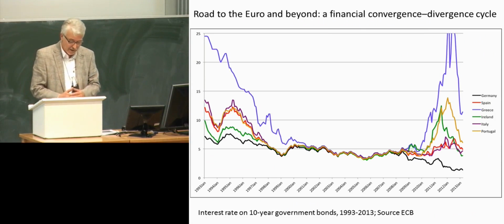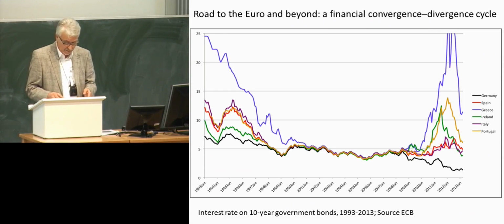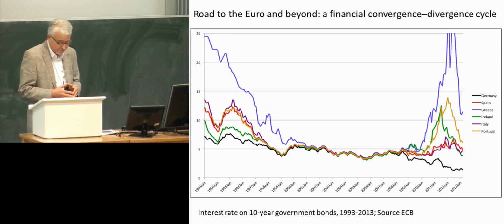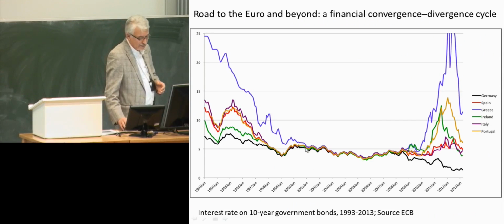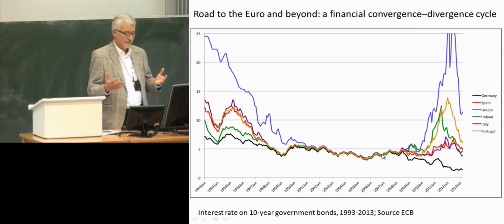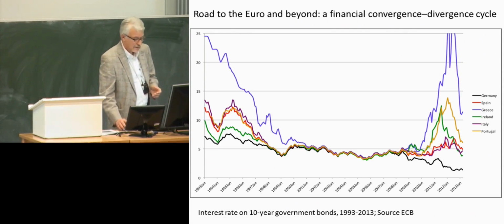We have a timeline of government indebtedness in some EU countries, and this is what the euro was meant to achieve, this is the ideal situation. But now in 2008, new divergence comes up. Greece again.